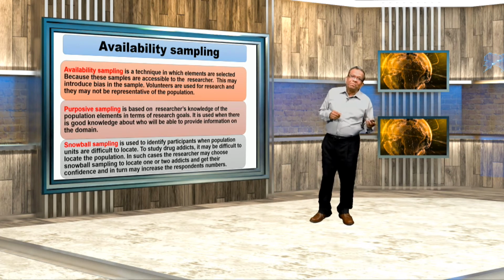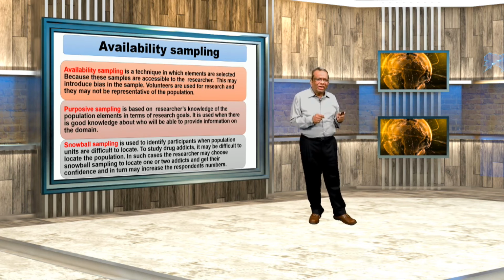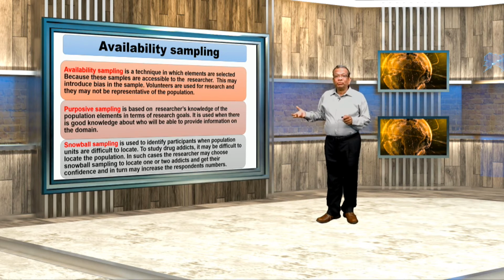The next one is purposive sampling. It is based on the researcher's knowledge of population elements in terms of research goals. It is used when there is good knowledge about who will be able to provide information on the domain. For example, in the case of medicine, you have a medicine which is being used for arthritis.